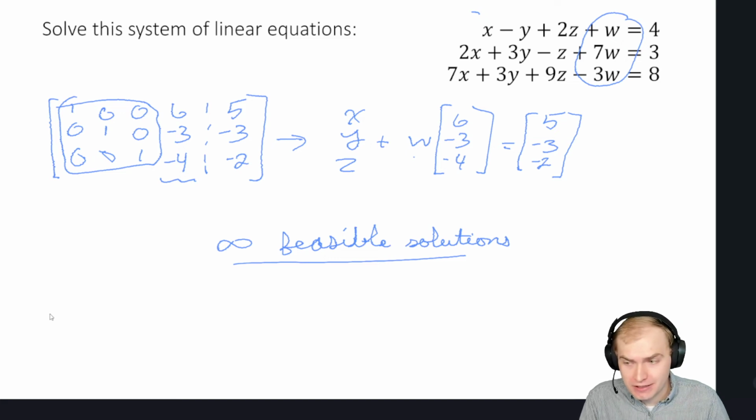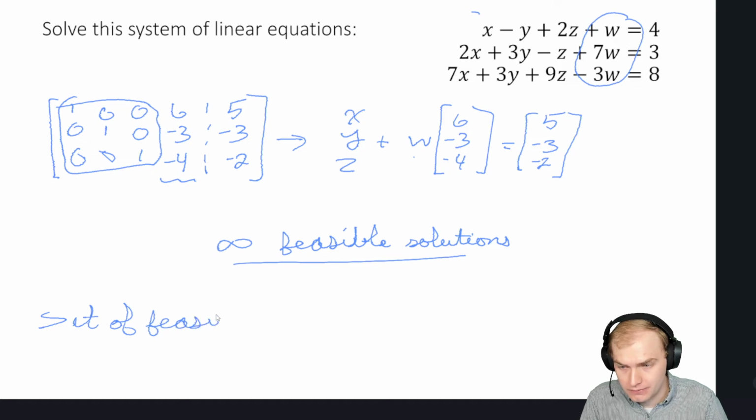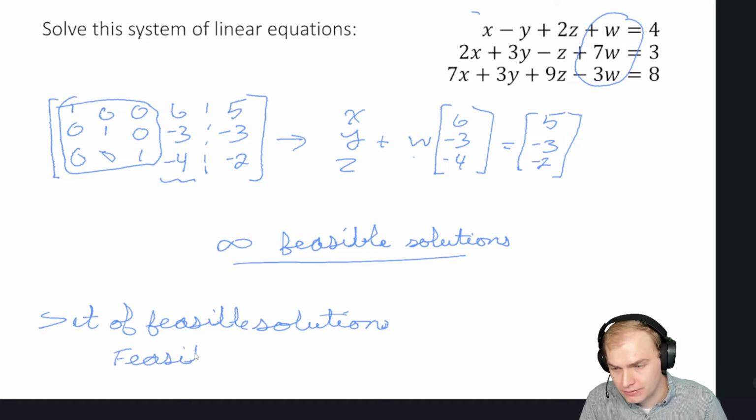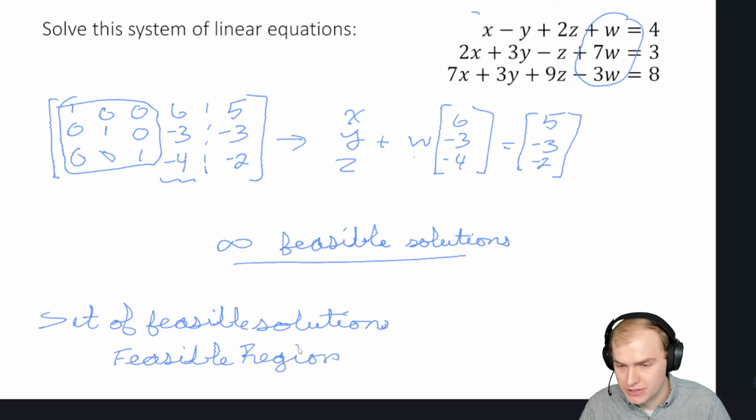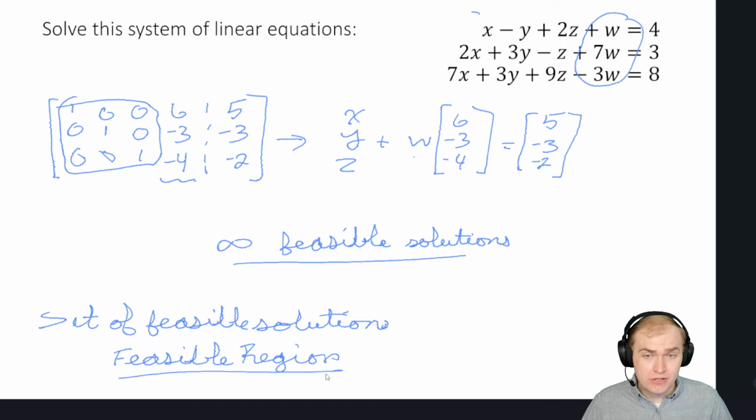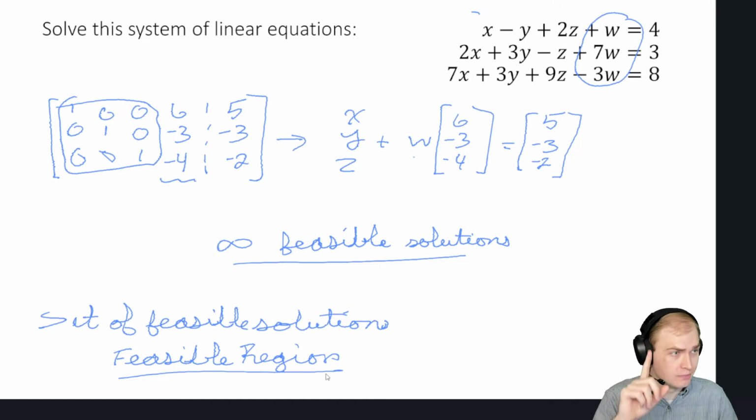We call the set of feasible solutions the feasible region. So here, in the previous problem, our feasible region was one solution.